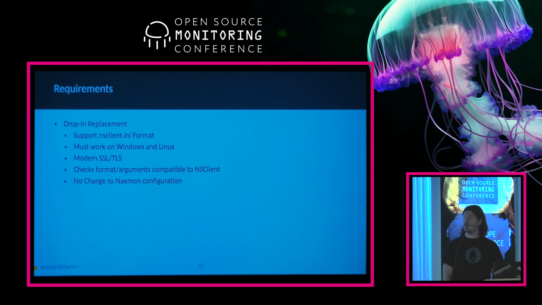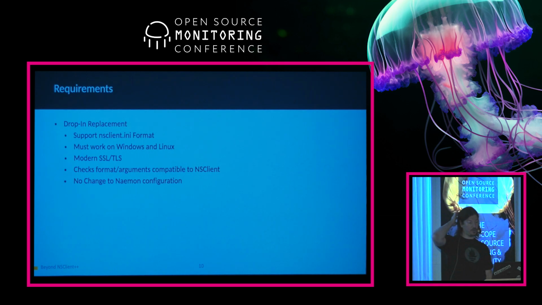Linux would be a plus, and it should have modern SSL, and it should more or less simply return the same things as NSClient would do. So: same checks, same check arguments, same check results. That would be nice. Basically just NSClient with recent TLS.